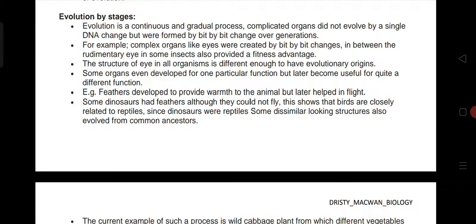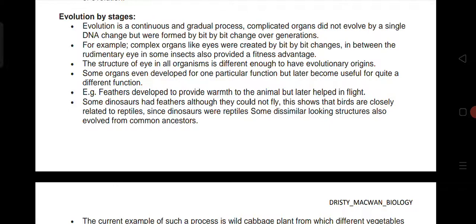Evolution is a continuous and gradual process. Complicated organs did not evolve by a single DNA change, but were formed by bit by bit change over generations. When we talk about evolution, it is a continuous as well as a gradual process, that is, it takes a longer time to occur.